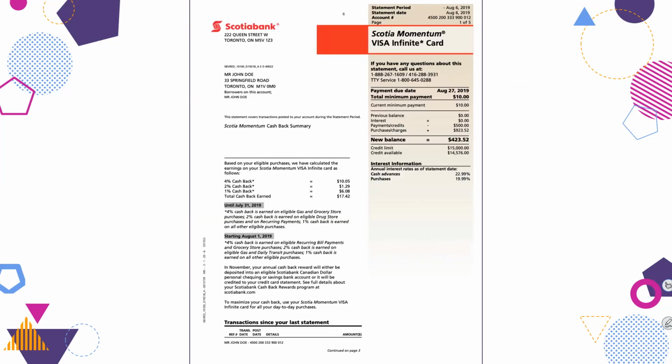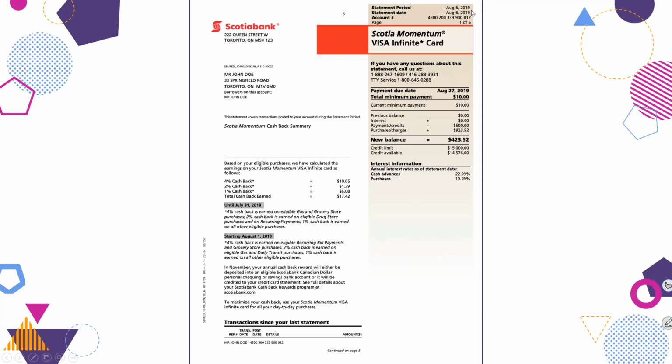Here is an example of a credit card. It is just an example one. It's not a real one. So you can see there's lots of information on, including a whole bunch of fine print again, in terms of finding out different details about your card. But they have your statement period.